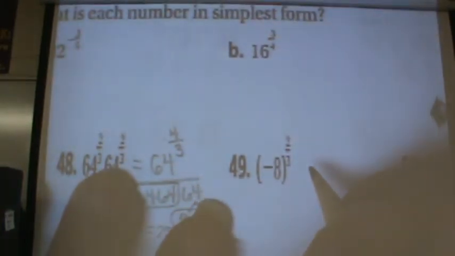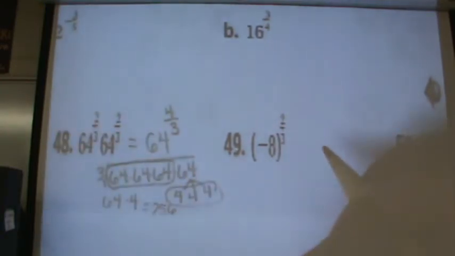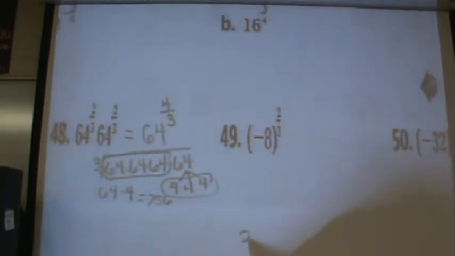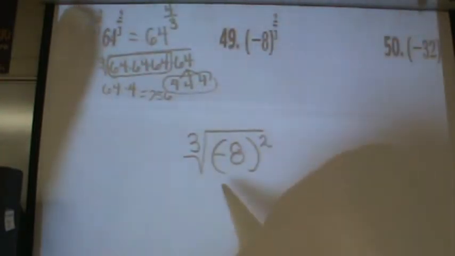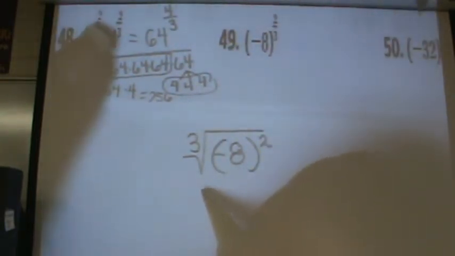Alright, so it's the cube root of -8 squared. That's -8, -8. But to cancel those 8's out, you put it over 1. And when you put it over 1, it cancels that out.